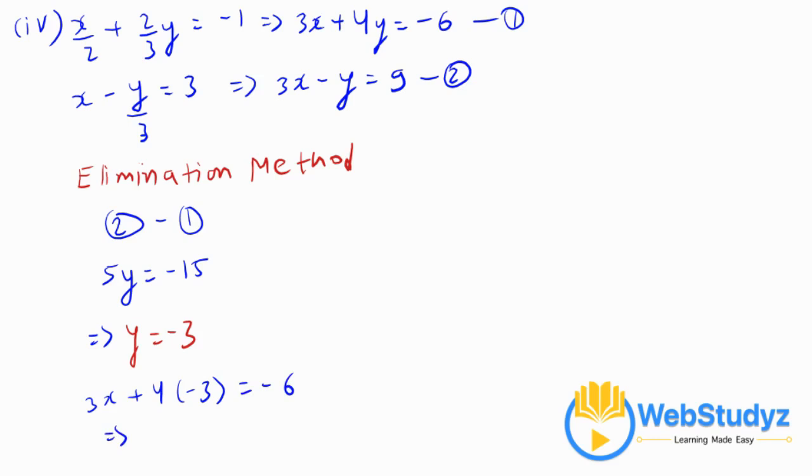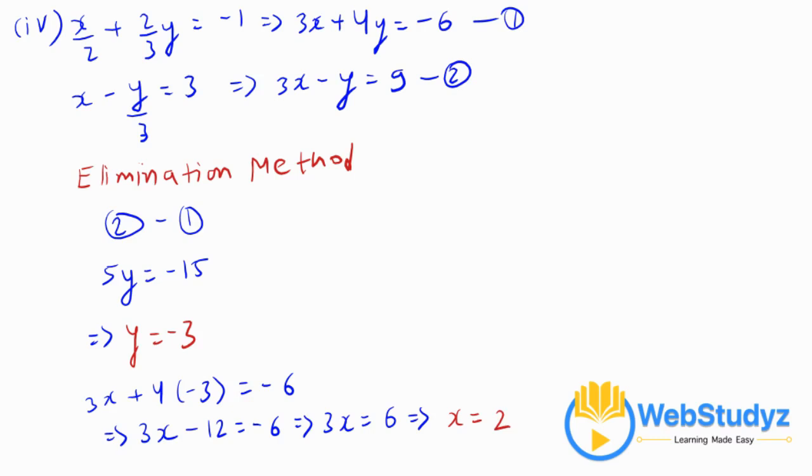Solving this, we get 3x minus 12 equals minus 6. This will be 3x equals minus 6 plus 12. So we get the value of x as 2.